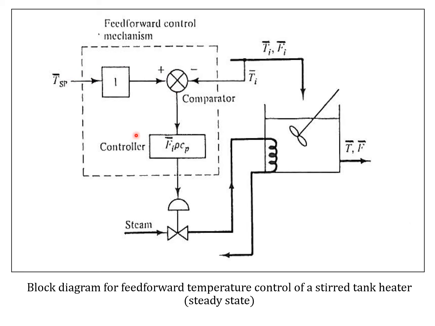So it goes into this part times this part, and this is the controller output going to the steam manipulated variable, because it is taken care of by the equation given just now, in this feed-forward control mechanism here.